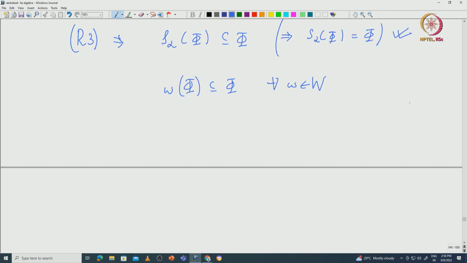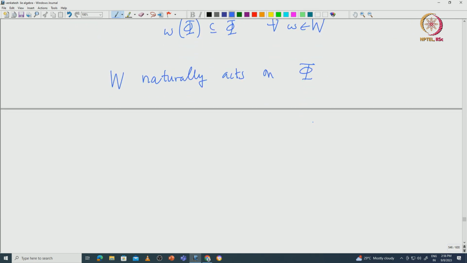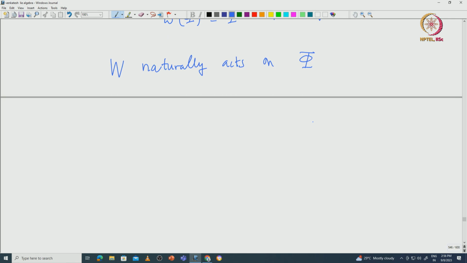So, that means W naturally acts on this phi. So, now let us look at this action. What is the meaning of naturally acts? That means W permutes all the elements of phi. Okay.